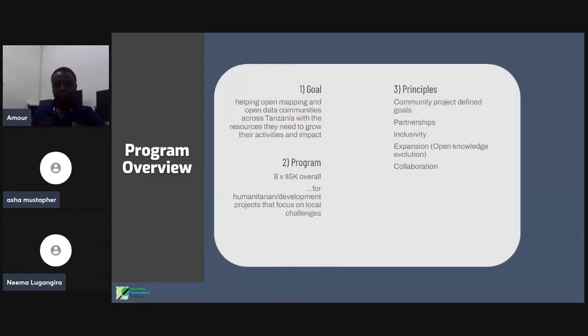And the principles for this grant were to find communities with clear and defined goals in their areas, but also communities who will work on creating new partners in the data they'll be collecting, like finding data users and different stakeholders to collaborate with in utilizing this fund, but also projects with inclusivity.